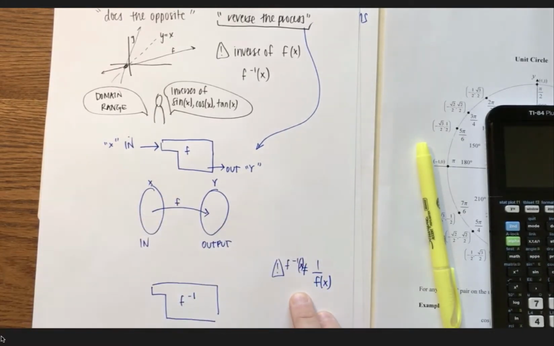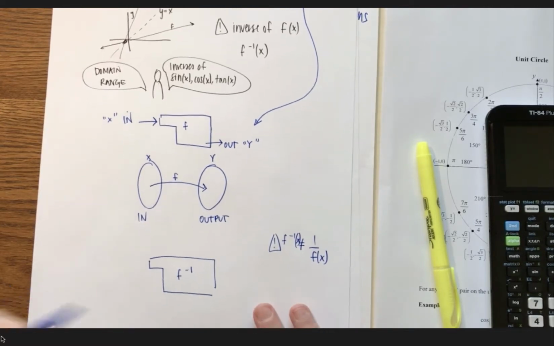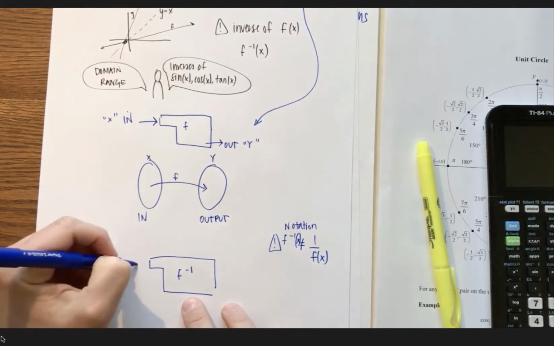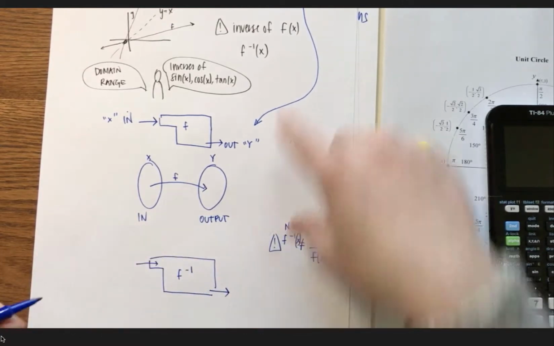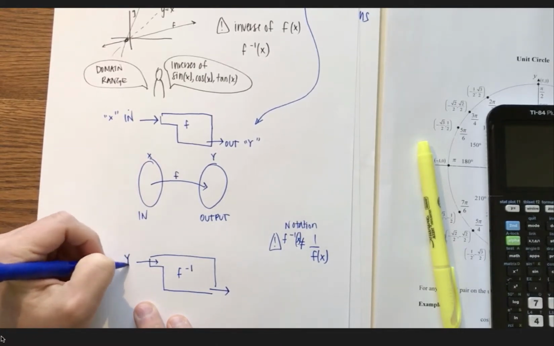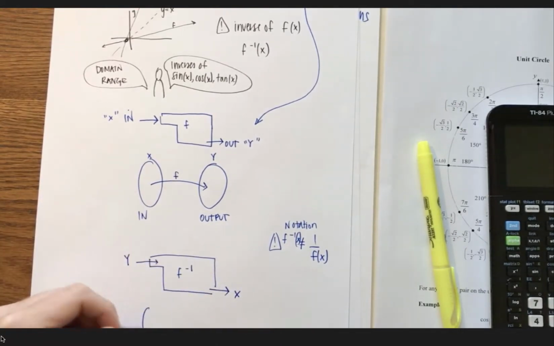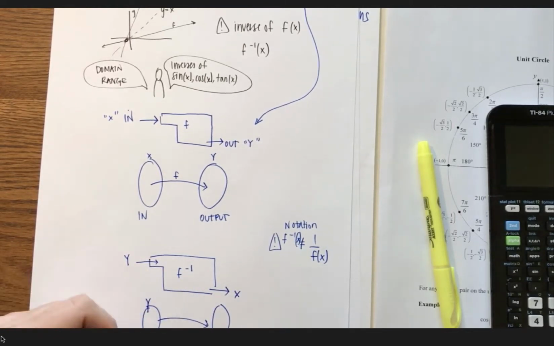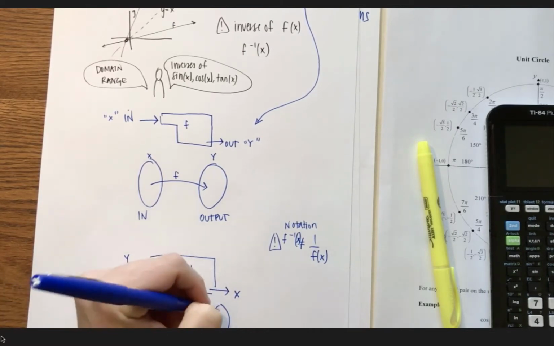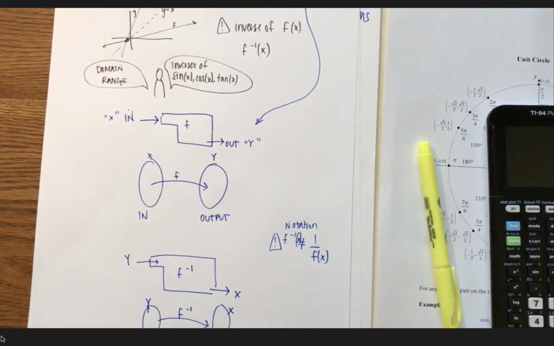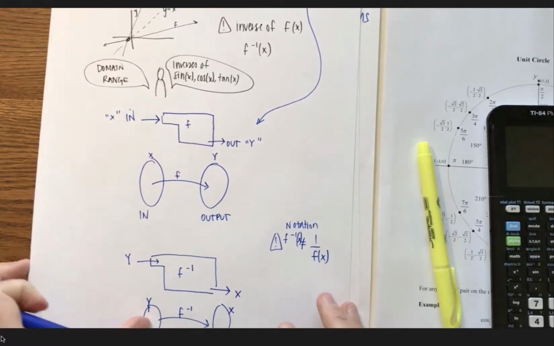F inverse of x is also a function, so we want to be careful that we're doing notation properly. In this case, we say that an inverse reverses the process because now the input becomes our y, the output becomes our x. So, in a sense, the function is reversed so that our input is y and our output is x. F inverse.